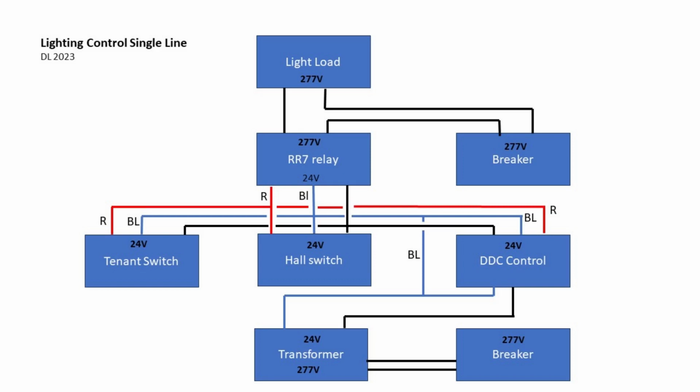And then from there you need a control to do the relay. That control can be a Hall switch, a DDC control, or a tenant switch. That's the control circuit. Now the control circuit is low voltage, so you need a transformer fed from a separate breaker for the control circuit.